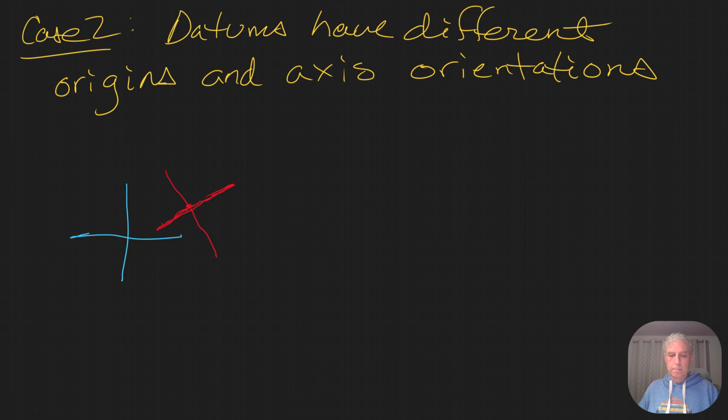So in this case, we would start with latitudes and longitudes in the old system, as we did before, and heights. And we would need to convert that to XYZ coordinates in the old system.